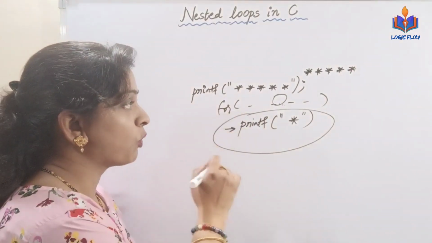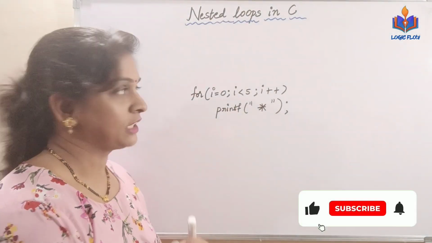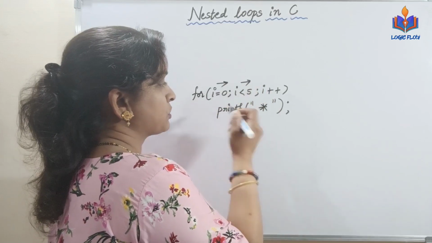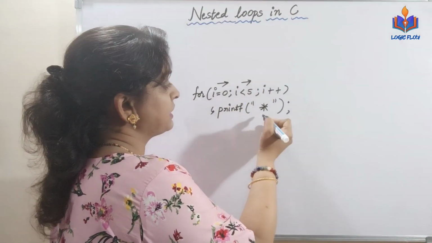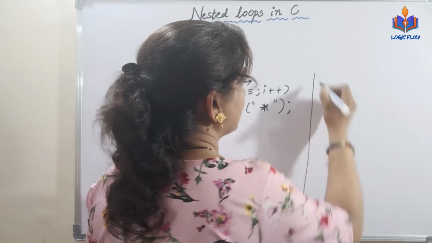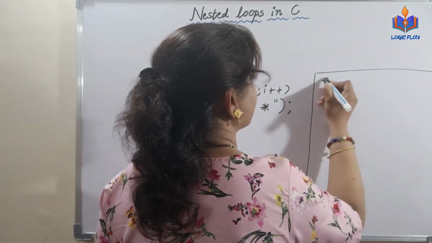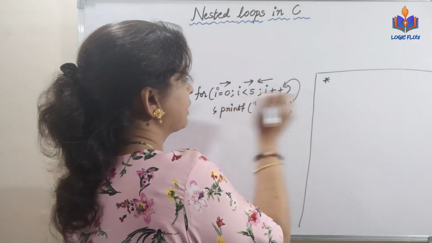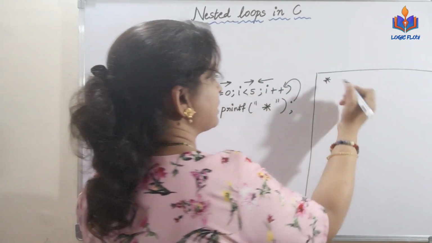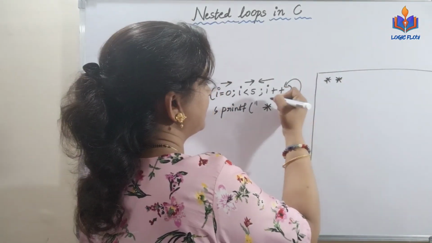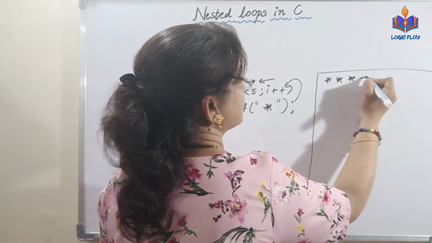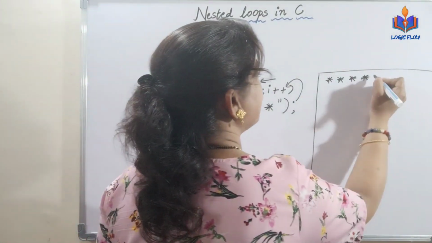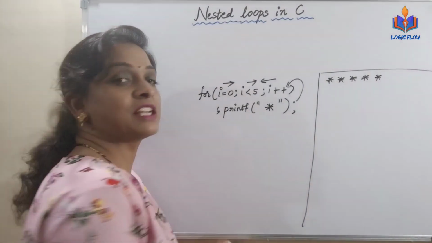So let me write the code. Here I have the loop statement. I say i equal to 0, i less than 5, condition true, execute the immediate statement, print this star. In my output screen, I print the star. Then loop back, i gets incremented, check the condition, 1 less than 5, yes, again print star. 2 less than 5, 3 less than 5, 4 less than 5, so 0, 1, 2, 3, 4: totally 5 times this statement gets executed.